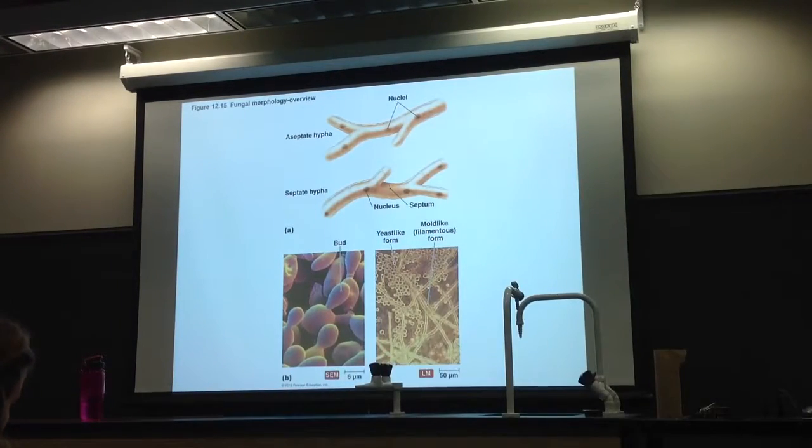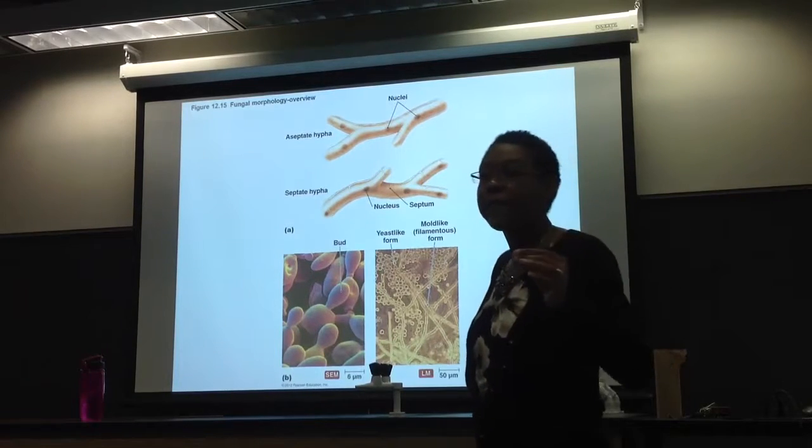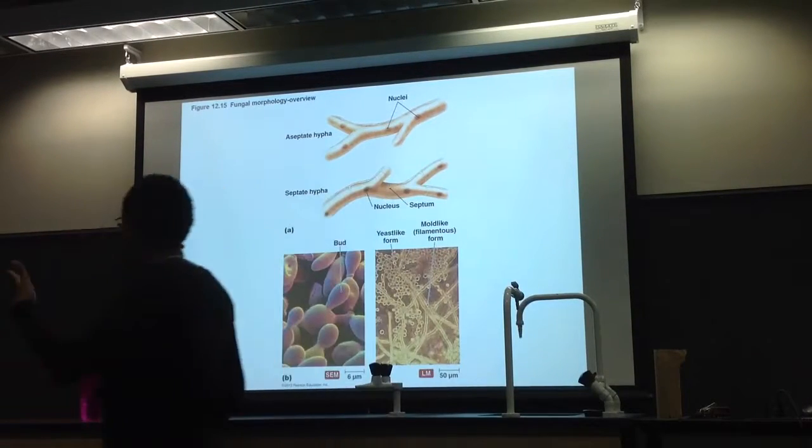Now, in terms of the morphological structure of fungi, if they are multicellular fungi, they basically have filaments, and those filaments are called hyphae, okay? So if you are a multicellular fungus, then you basically have hyphae, filaments.